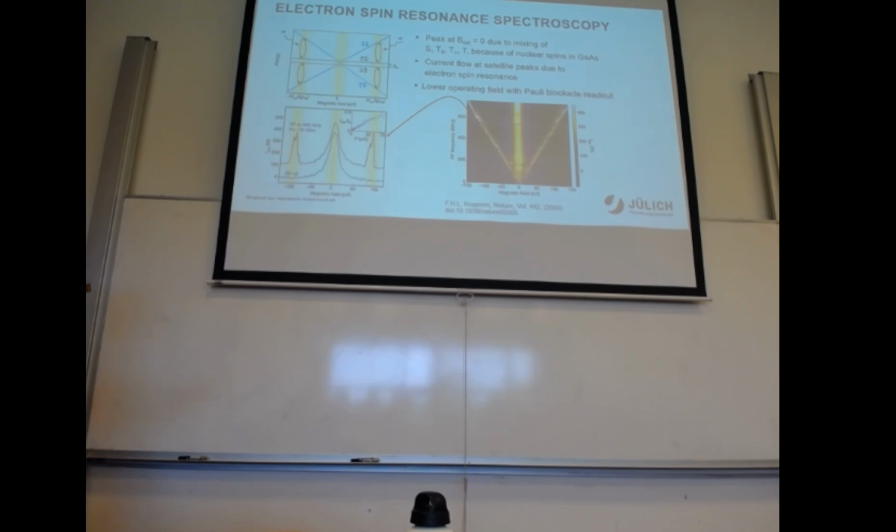And here, because this was done in gallium arsenide, because of the nuclear spins there, everything is mixed at 0, so the whole thing doesn't work. But once you apply a little bit of magnetic field, in this case about 50 millitesla or so is enough, you can start seeing this mechanism at work.